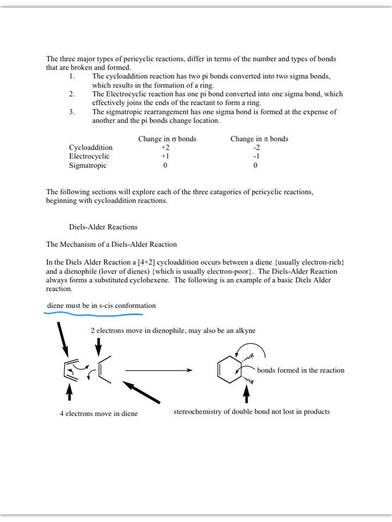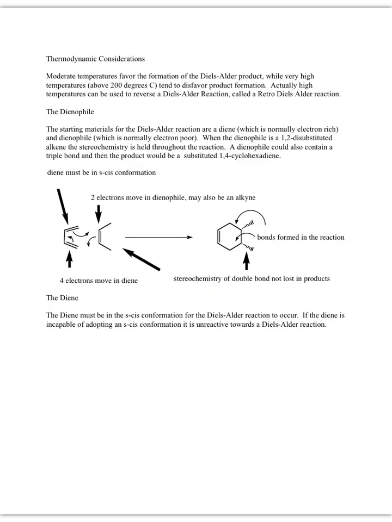The diene is normally electron rich, and the dienophile is normally electron poor. There are cases where it doesn't have to be, but primarily it is electron rich for the diene and electron poor for the dienophile.